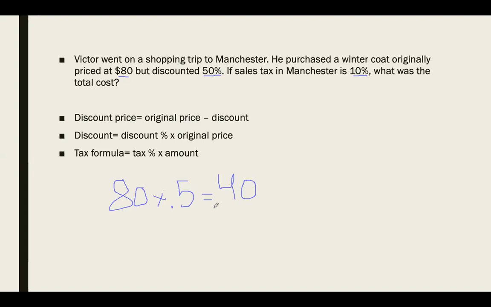Because 80 times 0.5 is 40. So this means the item was $40 off of 80. So now the new item price is going to be $40 because 80 minus 40 is going to give us a value of $40.